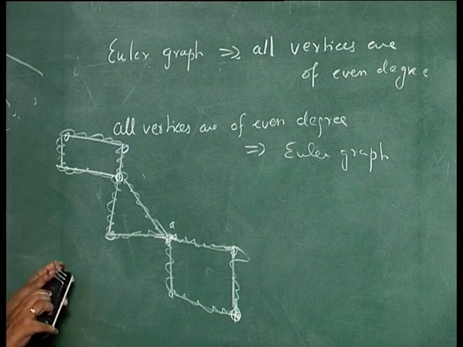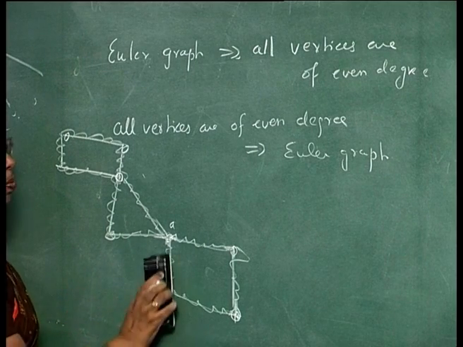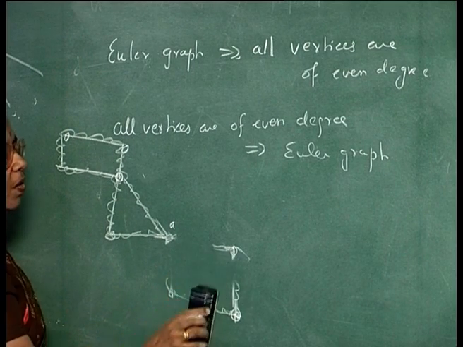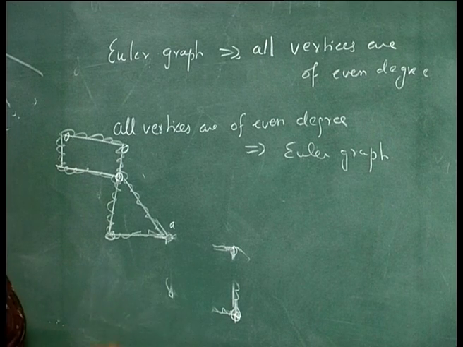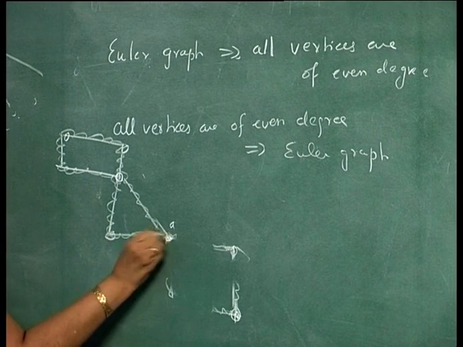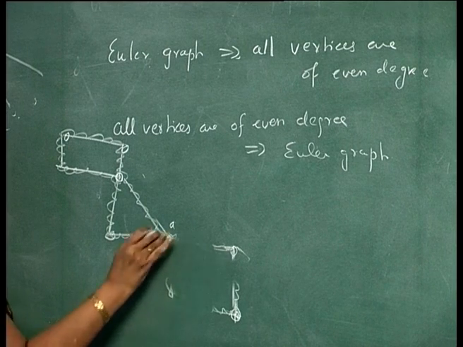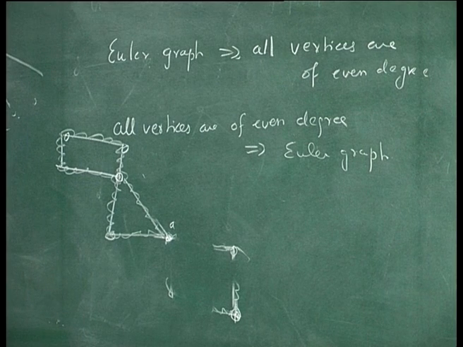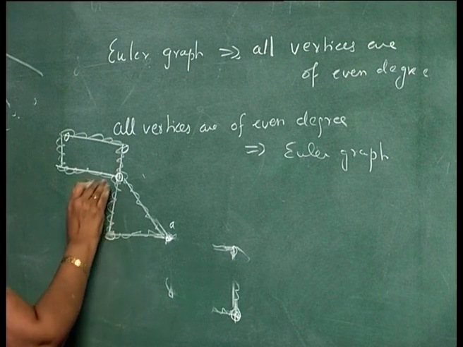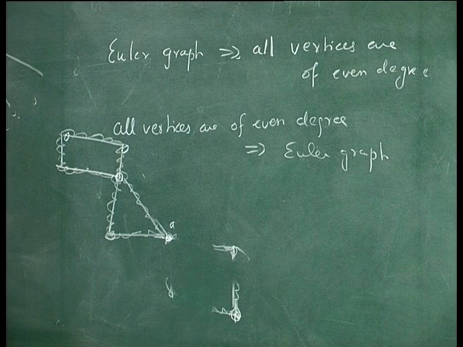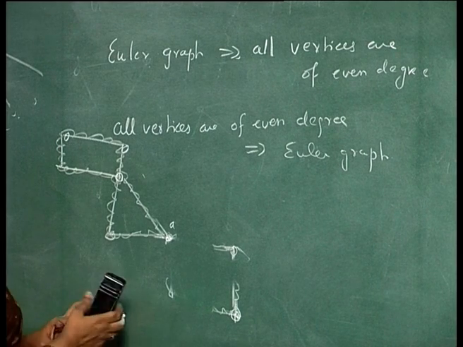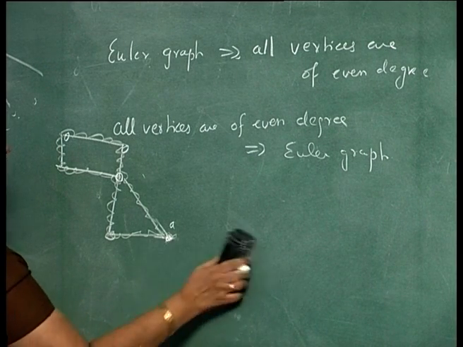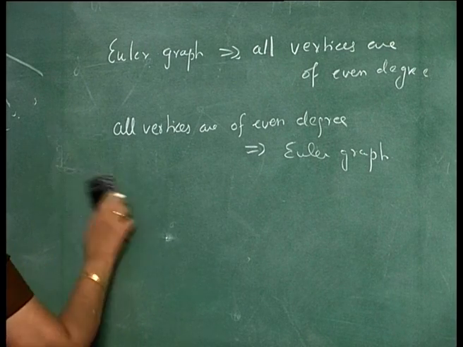So, when you remove this portion, you have removed two edges from here, but this vertex is of even degree. So, when you have removed two edges, it is still of even degree, that property is maintained, and so you can proceed until you get a closed walk. You will be building the closed walk step by step. So, if all vertices are of even degree, then you get an Euler line, and the graph is called an Euler graph.